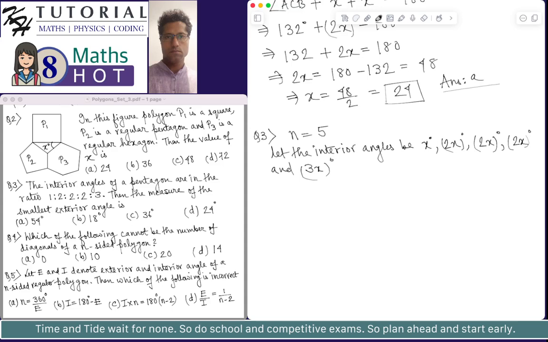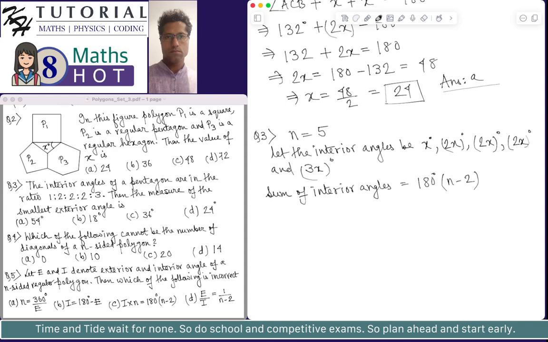Now we know that the sum of interior angles for a pentagon, that is n equals to 5, is equal to 180 degree multiplied by n minus 2, where n is the number of sides of the polygon. In this case, n is 5 because it is talking about a pentagon.